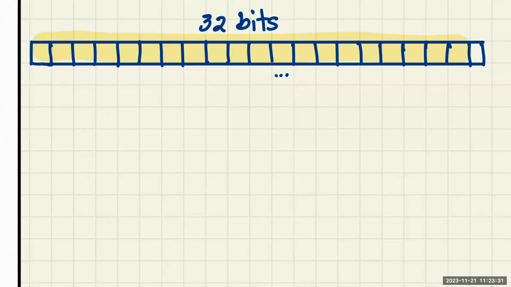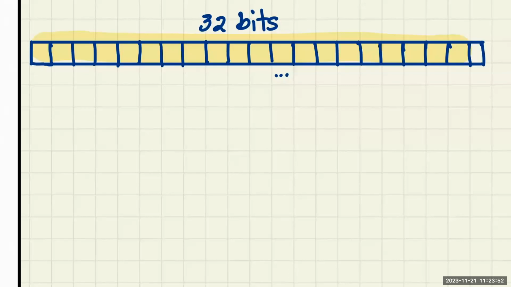Now suppose I want to tell the computer, it has to be 0 and 1 because it's binary.